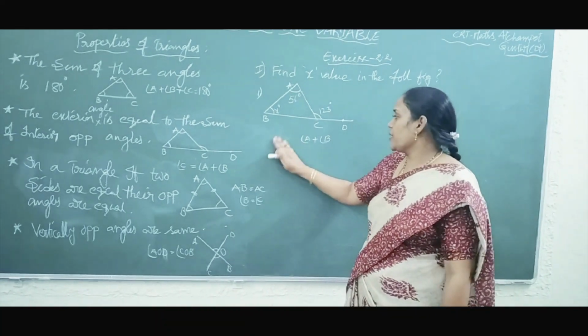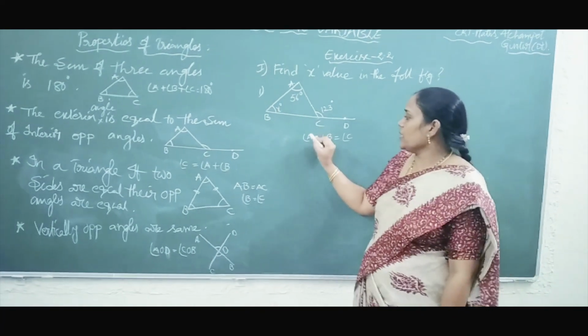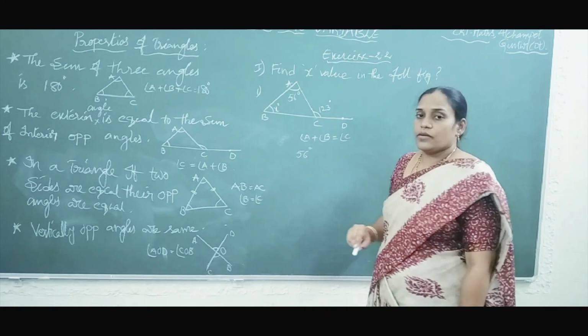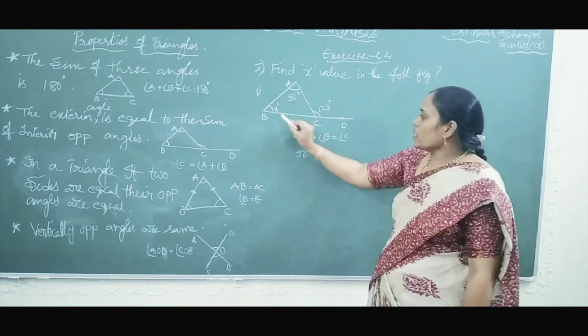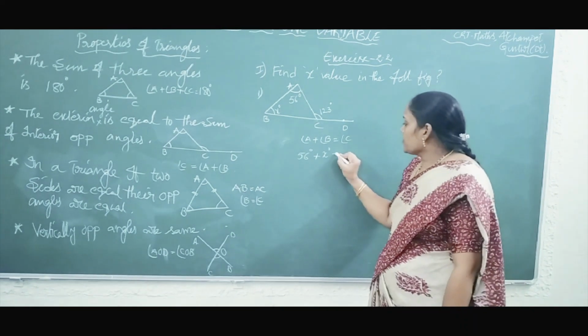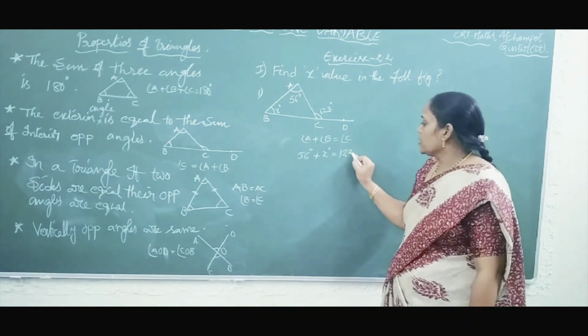Now what is angle A? 56 degrees, plus angle B, which is x degrees, equals angle C, the exterior angle, 123 degrees. We have to find the x value.